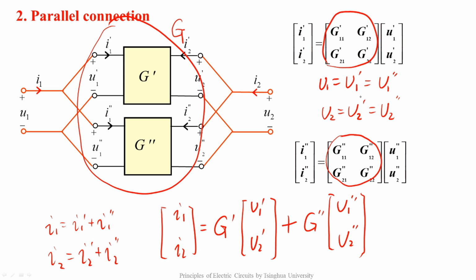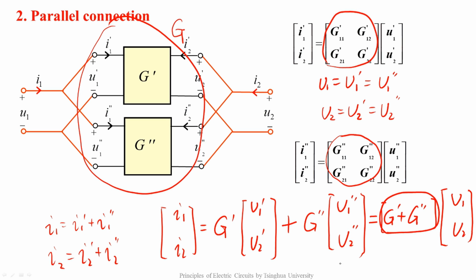Because U1 equals U1 prime equals U1 double prime, and U2 equals U2 prime equals U2 double prime, it equals G prime plus G double prime times U1, U2. The G parameters of the new composite two-port is G prime plus G double prime. The G parameters of the parallel two-port networks should satisfy this relationship.